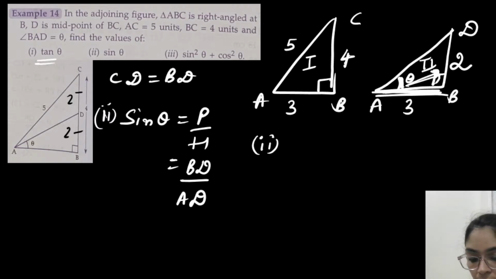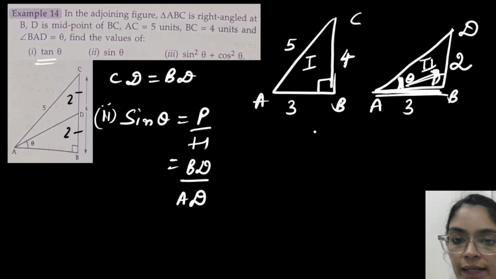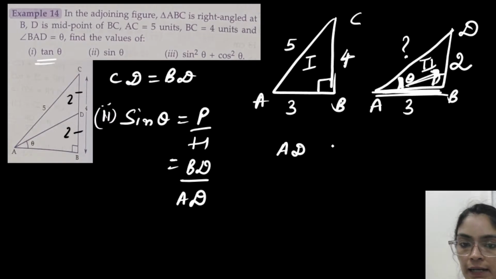The third one is an identity. But still we have to work it out here, because identities we don't know in ninth class. So in the second triangle I am applying the Pythagoras theorem. AD square, because I need AD for finding the value of sine.